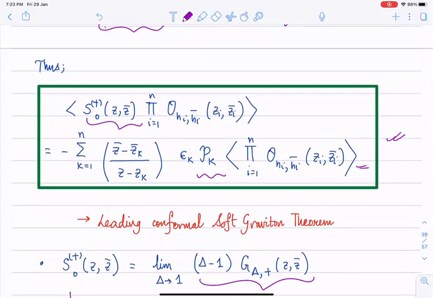The only label which distinguishes incoming and outgoing particles is this label epsilon. So in a sense I am working in a basis where you can consider all particles to be either outgoing or incoming. But then the particles which are outgoing will have positive energy, and the particles which are incoming will have negative energy.